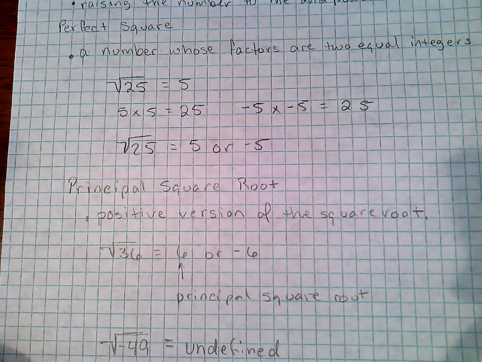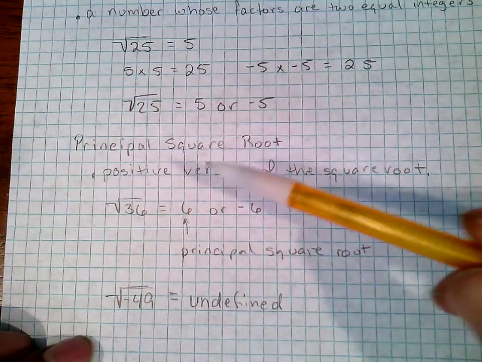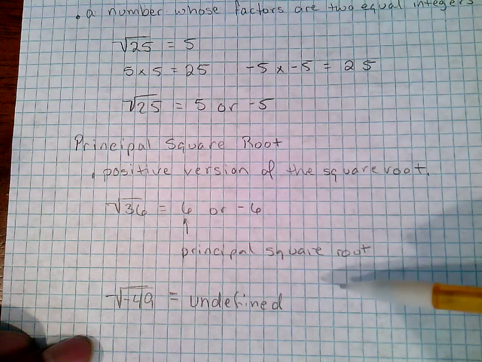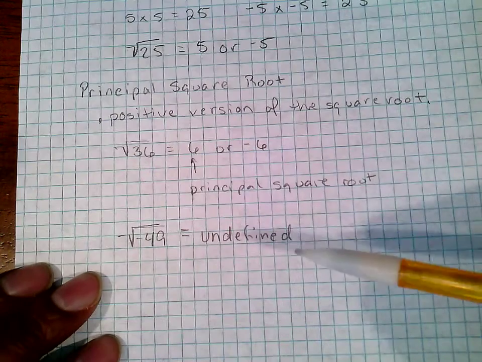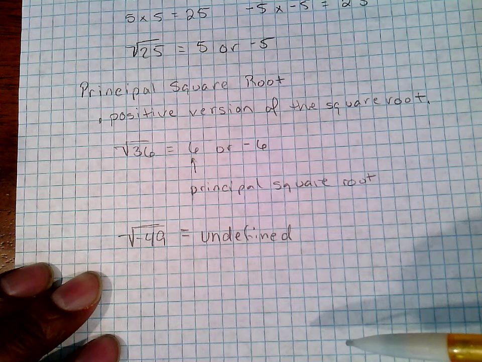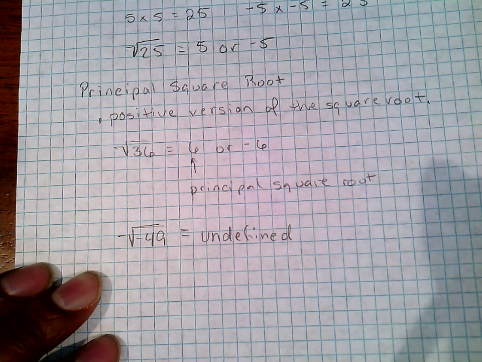And if we're dealing with measurement and distance per se, then we use the positive version of that square root, which we call the principal square root. And last but not least, if you try to find the square root of a negative number, then you won't be able to determine an answer because that will be undefined.